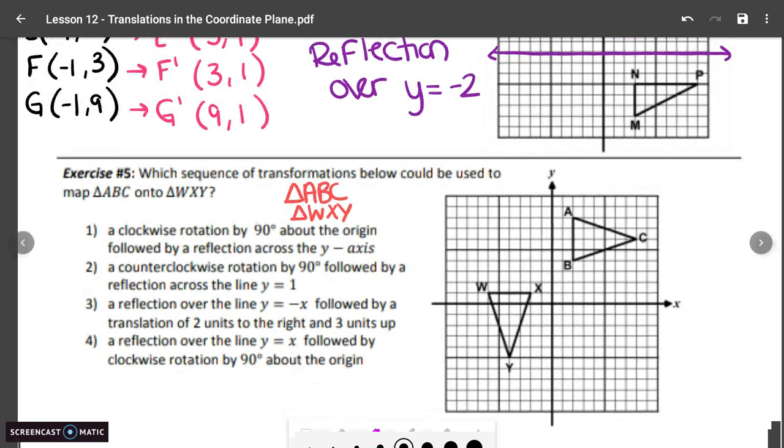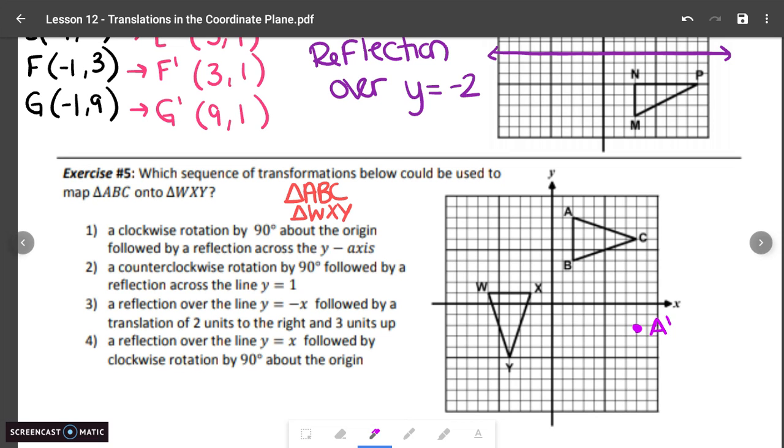Okay, if I was to do a clockwise rotation of 90 degrees, that's going to change this point A from 2, 8 to 8, -2. So that would be A prime at the moment.